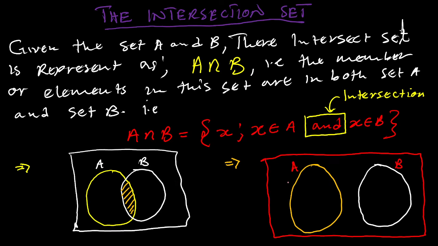So for a disjoint set, the intersection A intersection B is equal to an empty set. Empty, nothing is there, and this empty set is written like this. But for the joint set who are together, they are represented the way I've presented.